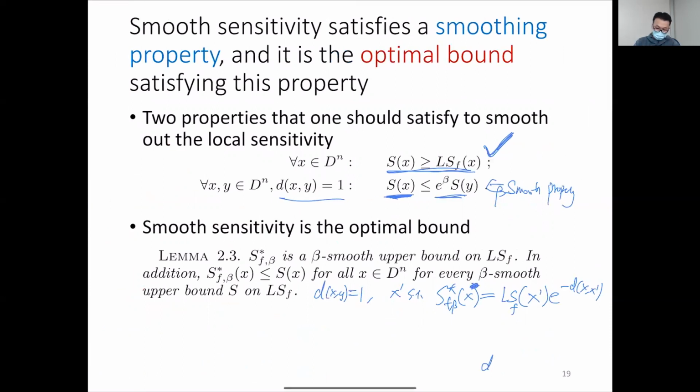Now let's show that this is always true. So we'll start with the smooth sensitivity of y.